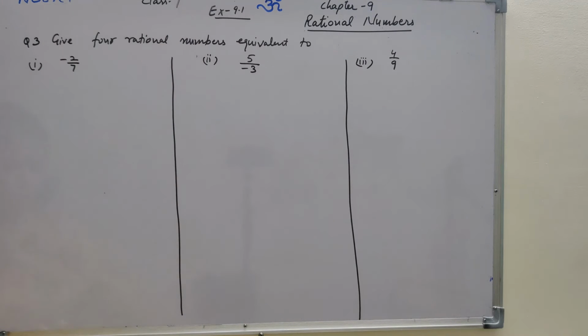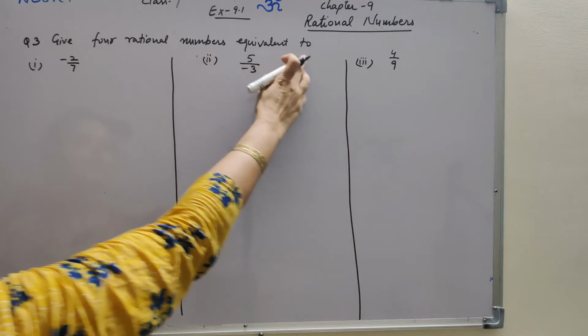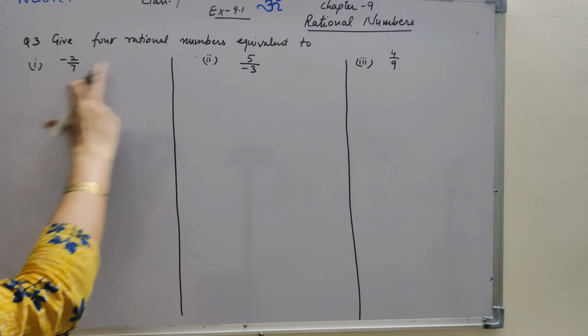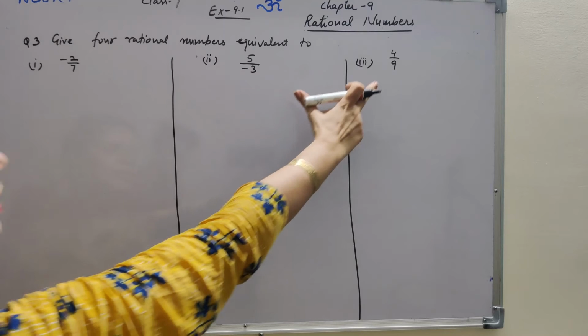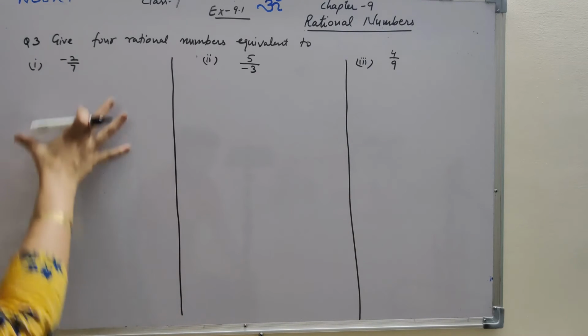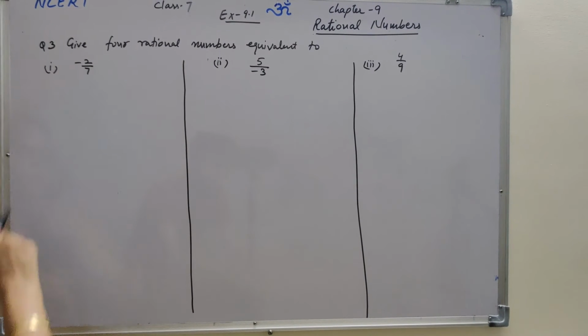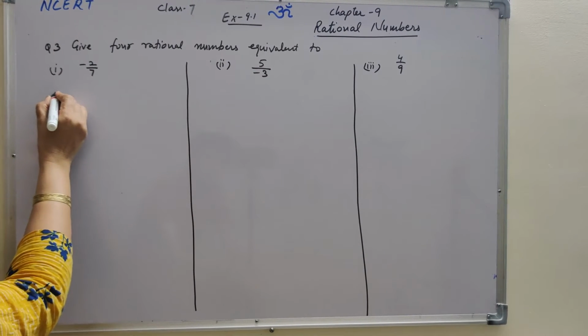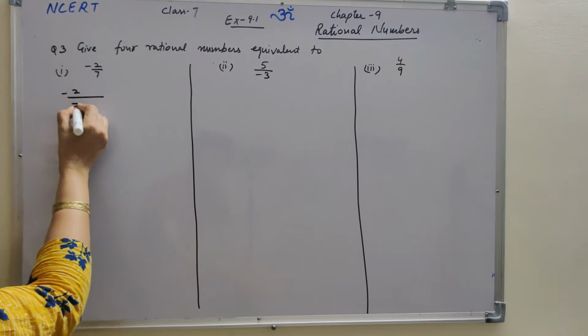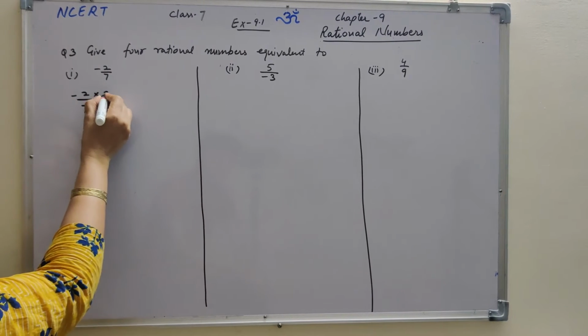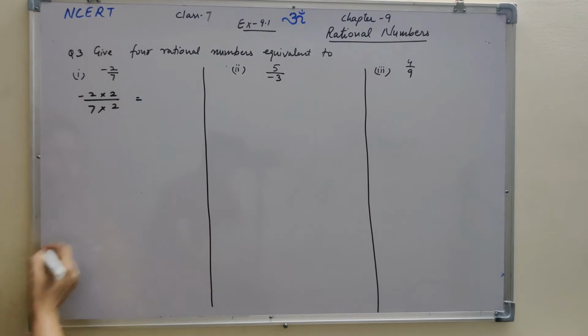Exercise 9.1 question 3. And question 3 says give 4 rational numbers equivalent to minus 2 by 7, then 5 by minus 3 and then 4 by 9. First we will write down 4 equivalent rational numbers for minus 2 by 7. So first of all, minus 2 by 7 we multiply both the numerator and denominator by 2.